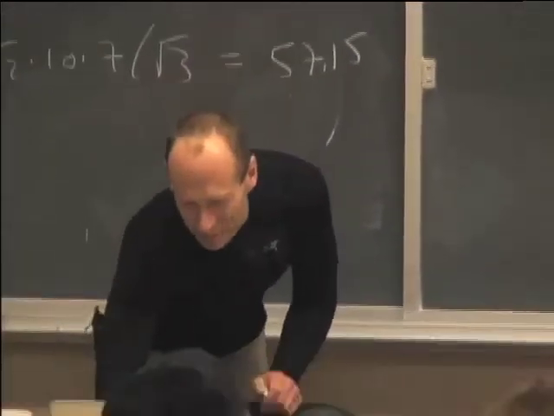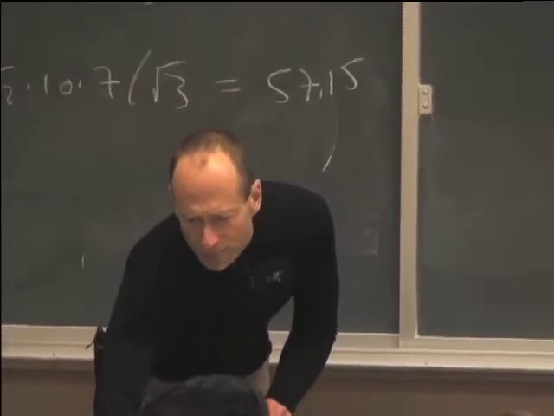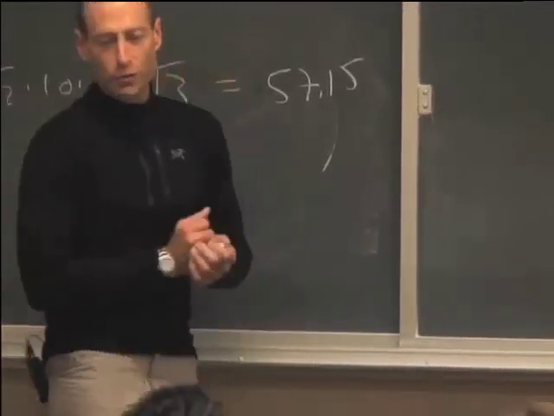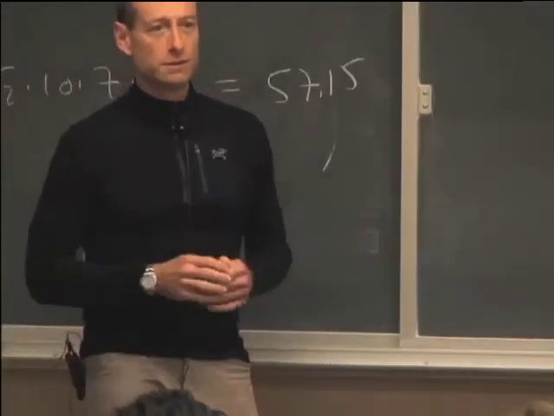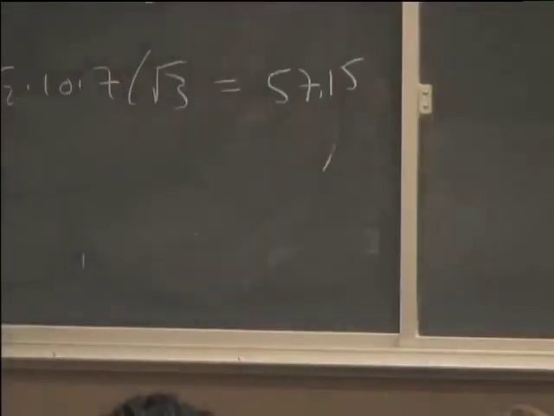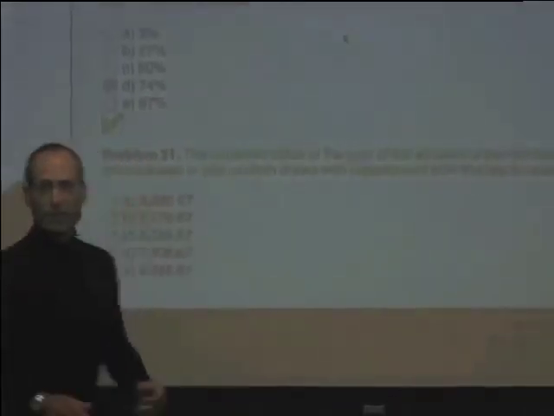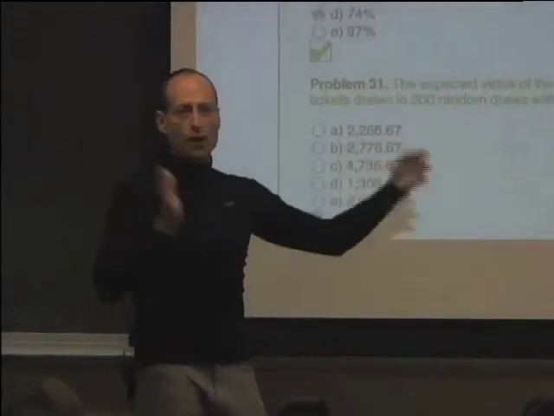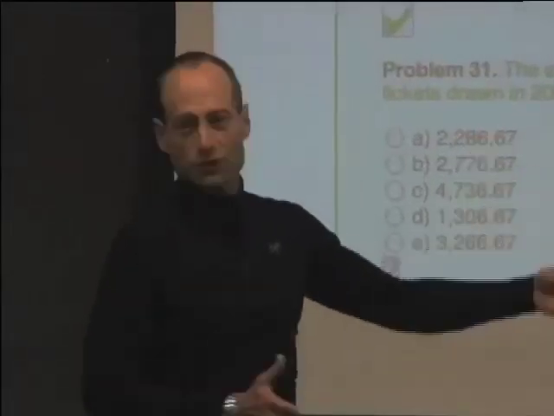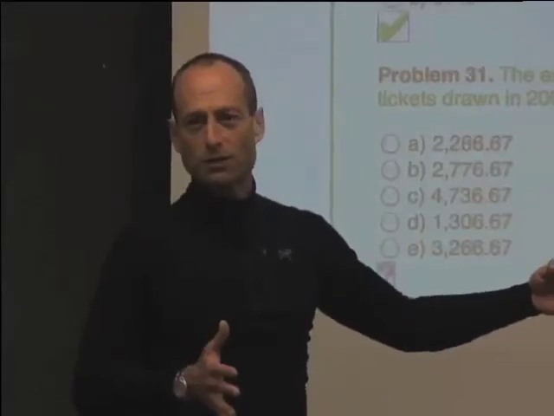All right, suppose that we wanted to find the expected value of the sum of the squares on 200 random draws with replacement from the box. How do we get there? The original box has the numbers -6, -3, -2, 2, 3, 6. If we're interested in the squares of the numbers on the tickets, we can just change this into drawing from a different box, where the labels on the tickets in the box are the squares of the labels on the tickets in this box, right?